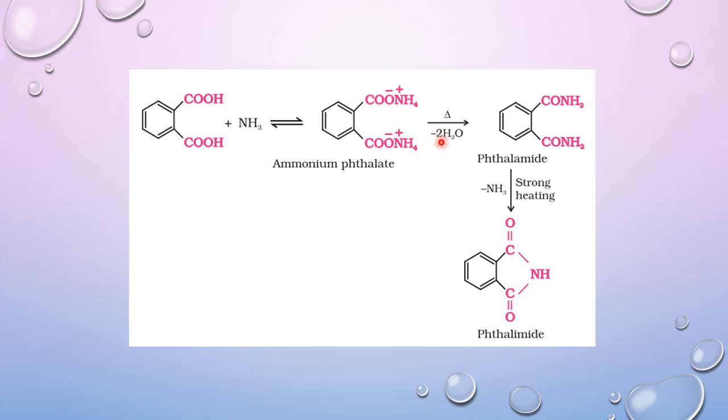Then by removal of water molecules, we obtain phthalimide. Then after strong heating, we are removing the ammonia and we are able to obtain phthalimide. This is the important synthesis given by Gabriel. So this is also known as Gabriel synthesis.